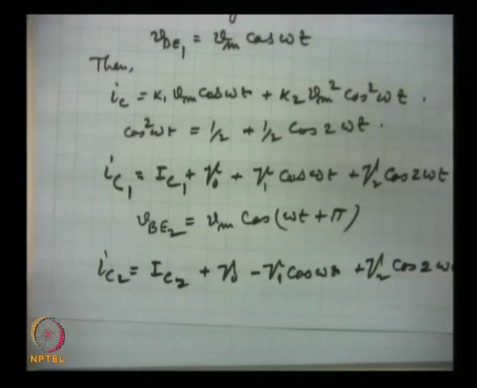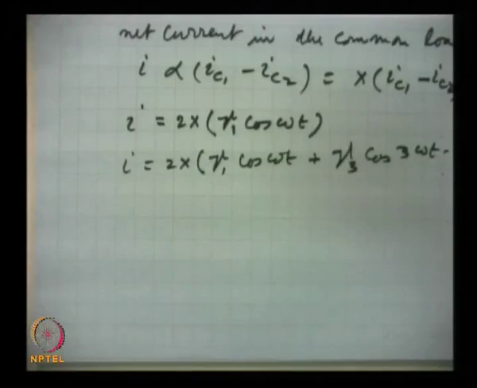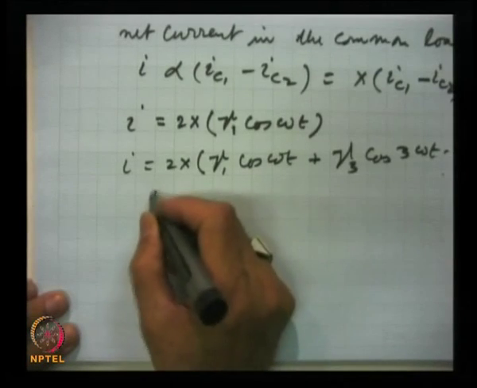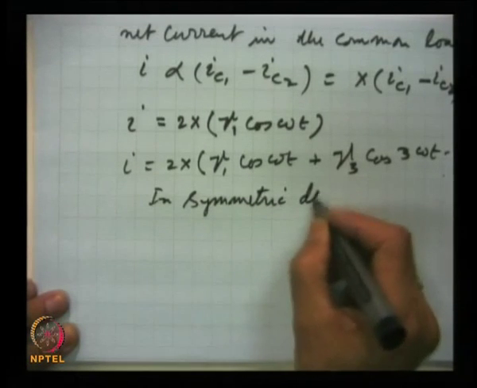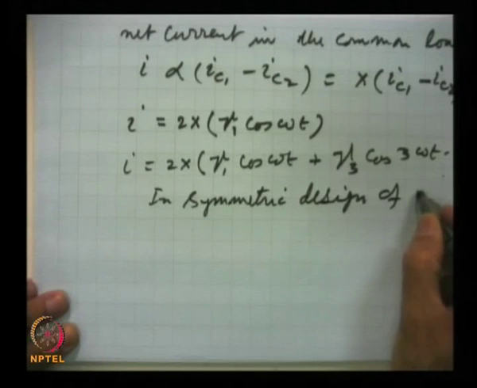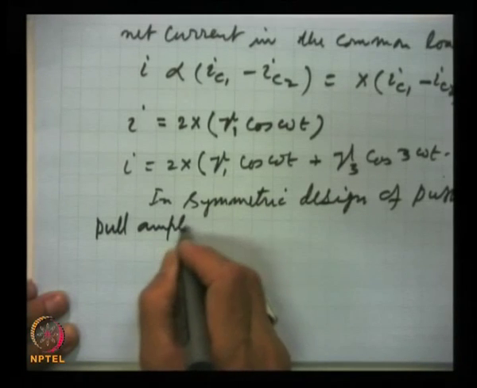For the symmetric case, we have cancelled these C1, C2, the DC currents, and this expression which has been written is for the symmetric design, which is always carried out for a push-pull amplifier.